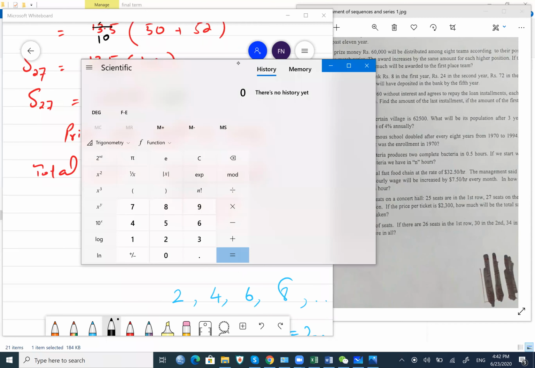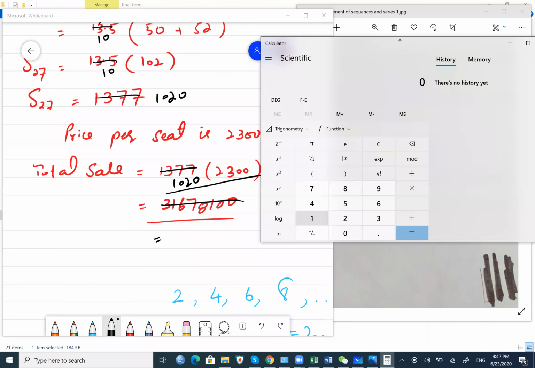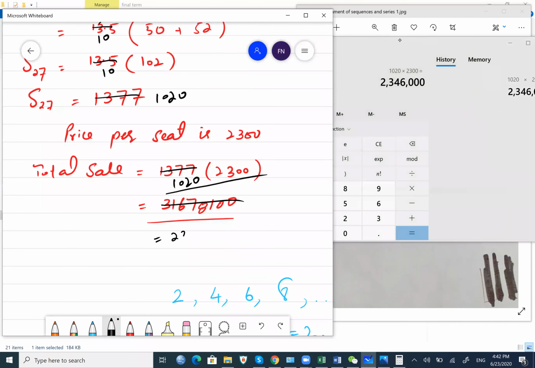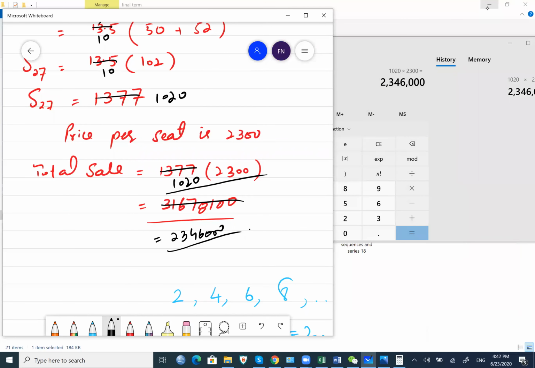That is 1020 times 2300. This is the answer, 234,600. Now, can you show me where you calculated 880 as the answer?